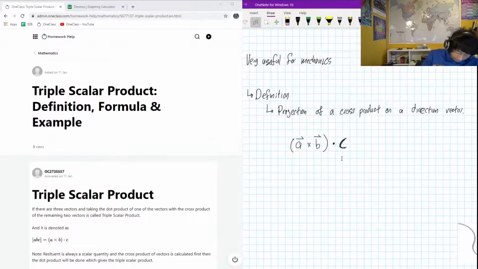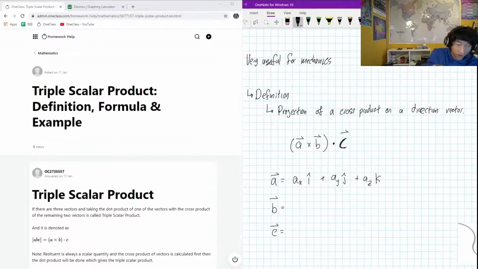Okay. So assuming that these are vectors, we need to write them out like this. We know that they will be made up of multiple components. So let's imagine that they are three-dimensional vectors. So we're going to have AX, that's in the I direction, plus AY, that's in the J direction, plus AZ, that's in the K direction.